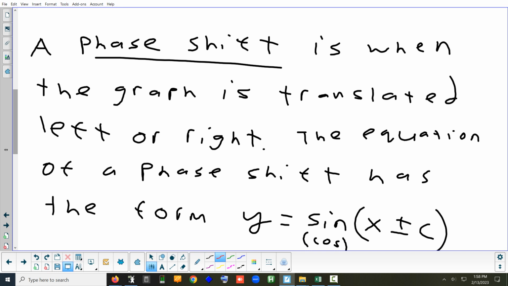So you know something is a phase shift if you're adding or subtracting and it is inside the parentheses with the x. If you don't put parentheses, then it is not a phase shift. If you did this, that is not a phase shift, that's a vertical shift.